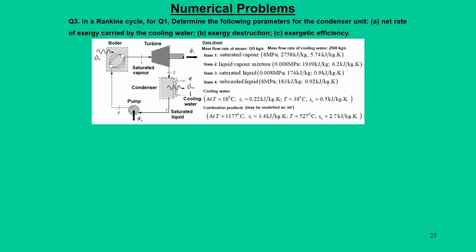Then we will move on to the last component, that is the condensing unit. In a condensing unit, if you look at it, there is a separate water stream. The steam, which is a liquid plus vapor mixture, enters at state 2, and the condensing steam leaves at state 3.